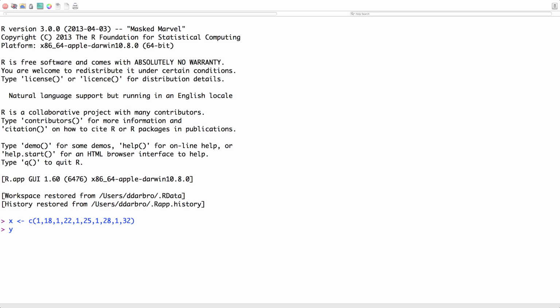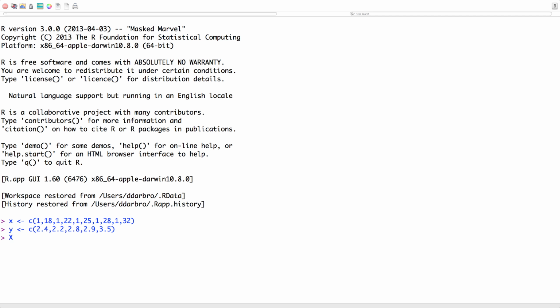And our Y is going to be c of 2.4, 2.2, 2.8, 2.9, and 3.5.